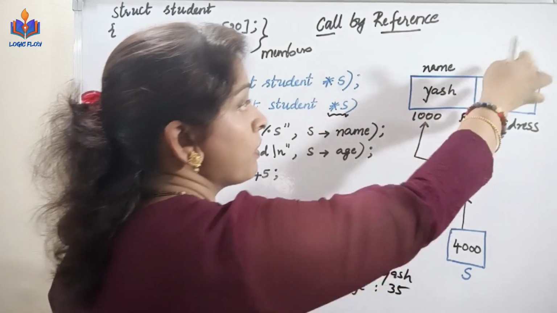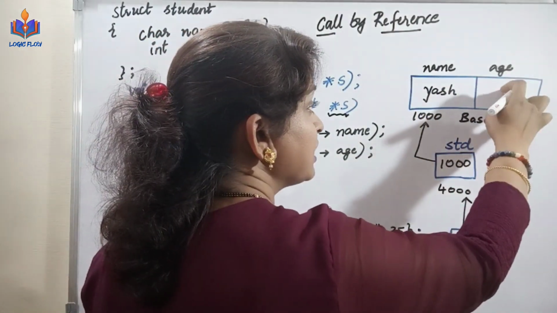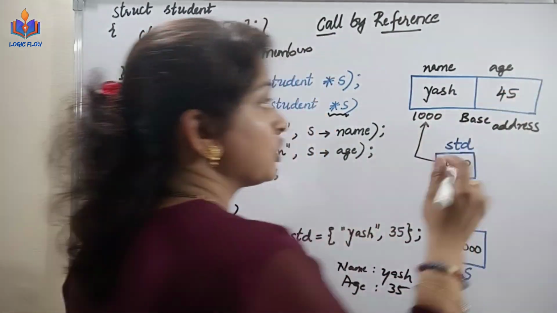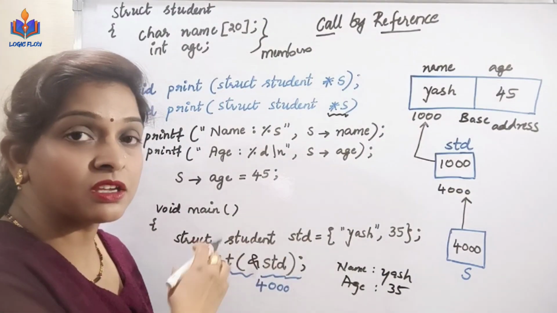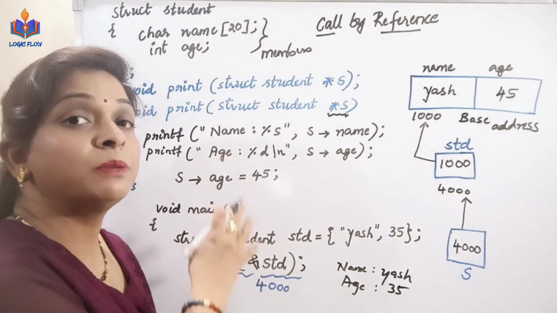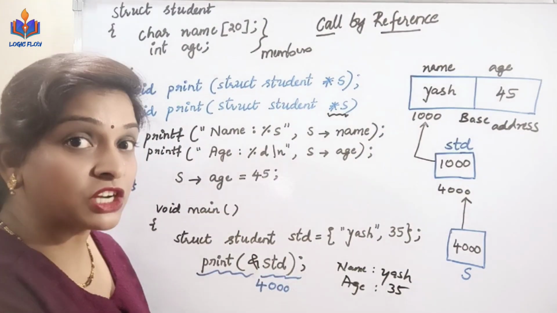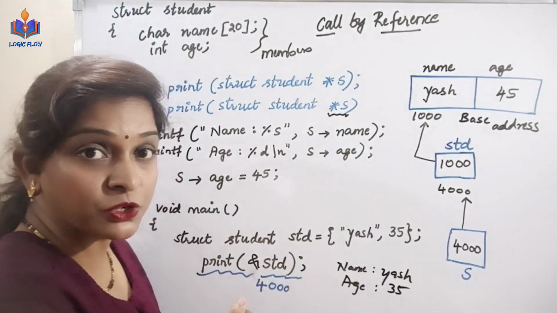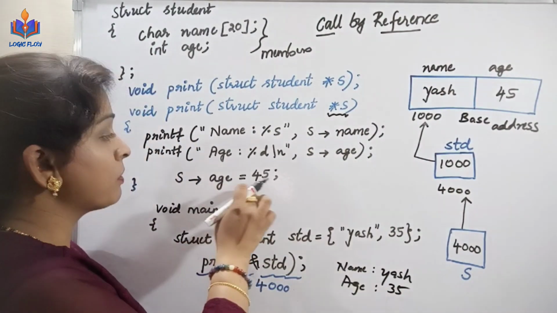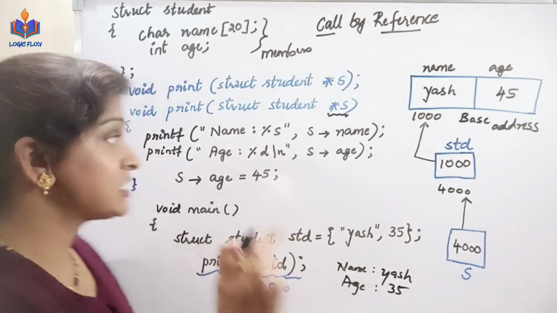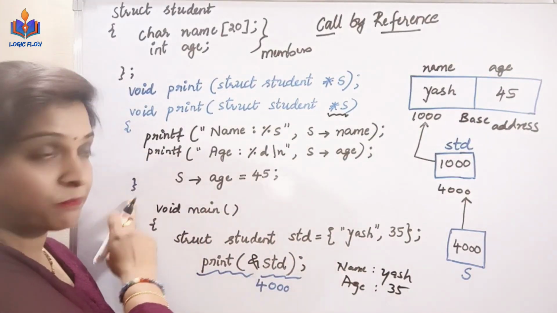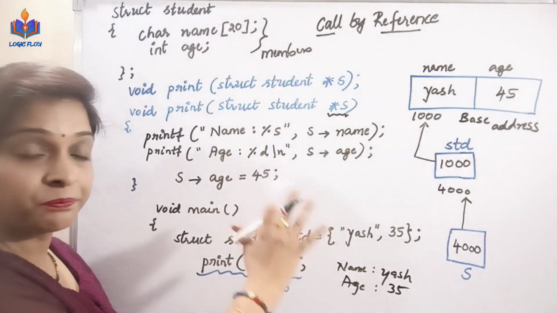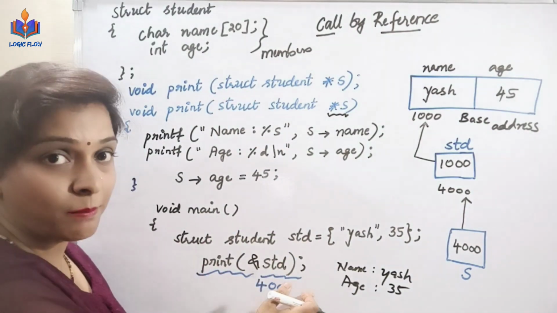I say yes arrow mark age, I am changing this value. So whatever changes I am doing here in the function definition will be reflected back to the same structure, because I am pointing to the same structure. So I say yes arrow mark age equal to 45. A change is done in the function definition. So this function is done.